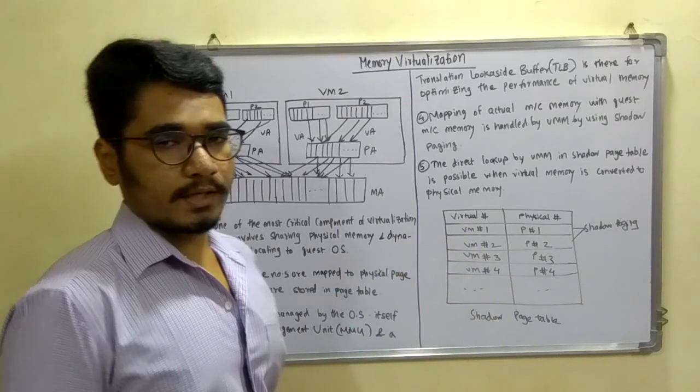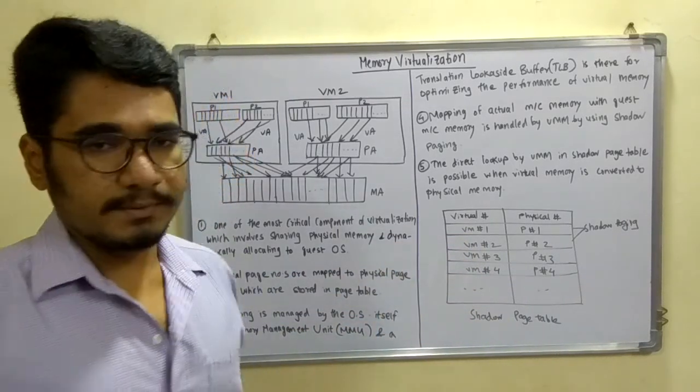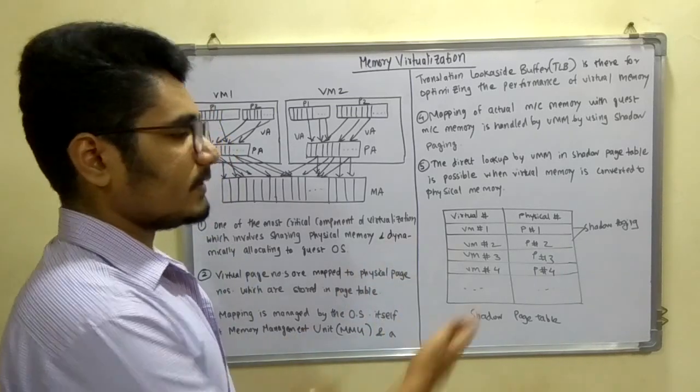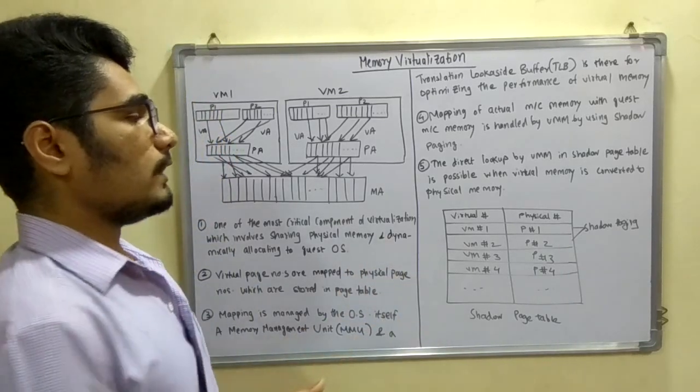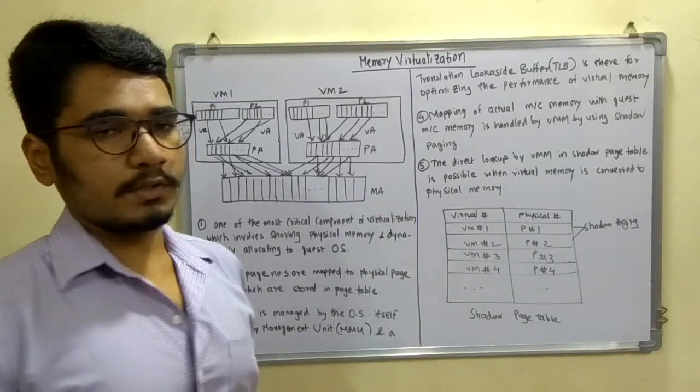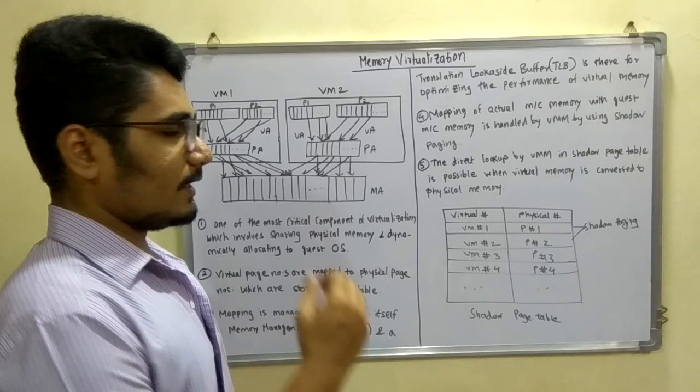Now, the page table basically has two components, the virtual page number and the physical page number. You have the physical page numbers already stored in a section or a stack, in fact.